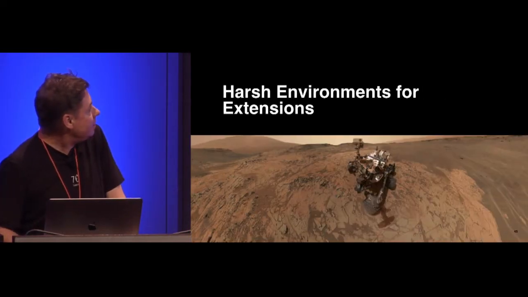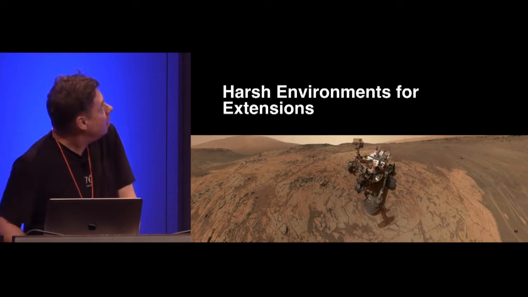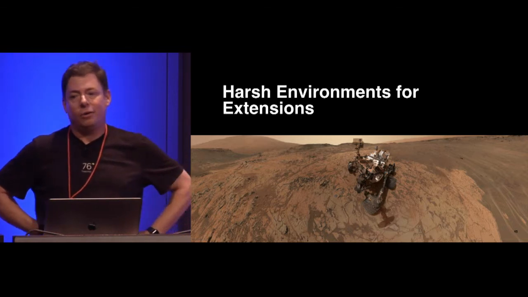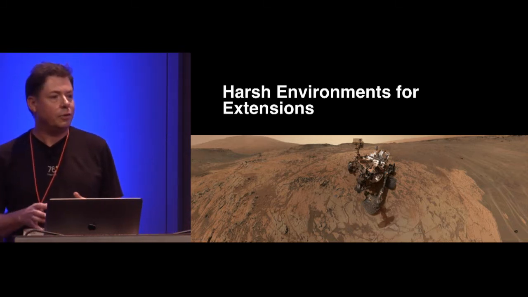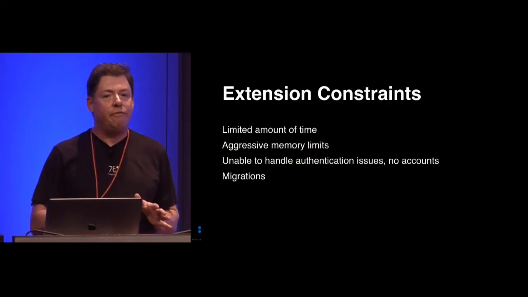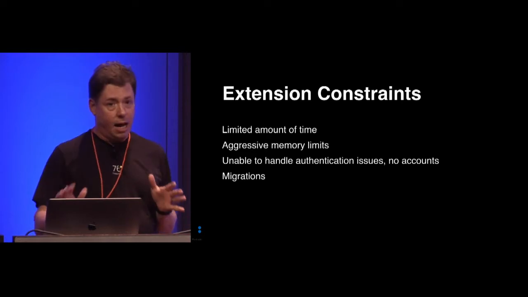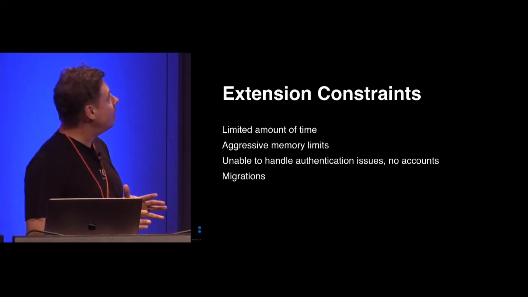All right, so let's talk about some tips here. We have really harsh environments for extensions. So what I mean, and this is what I said earlier, there are more ways that your code can run now. It's very, very aggressive when it comes to things like time, memory limits.